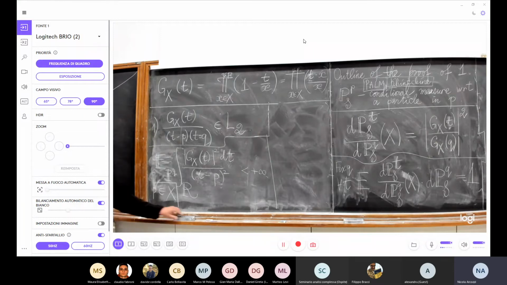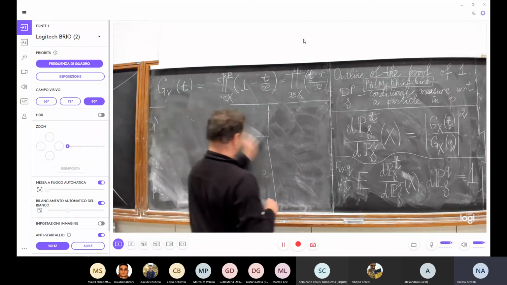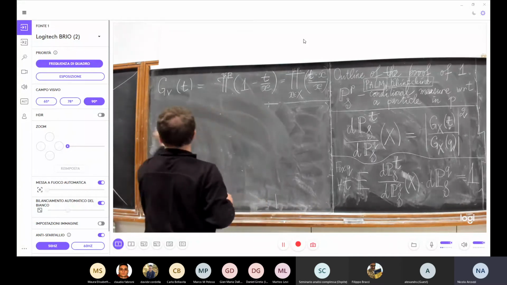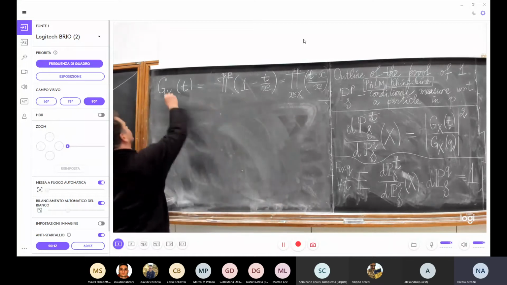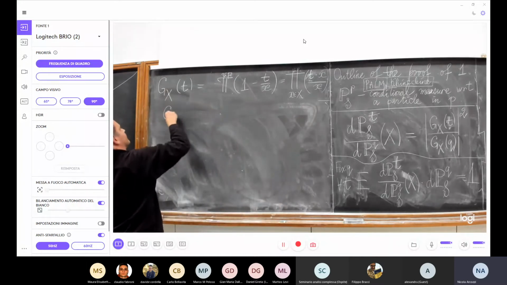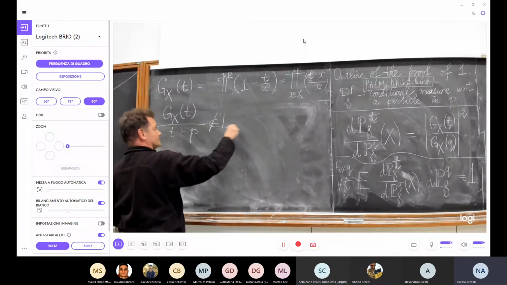Okay. So let me now give the outline of the more difficult step, the outline of the proof of 2. So now I need to give an outline of proving 2. So the fact that Gx of T over T minus P is not in L2.